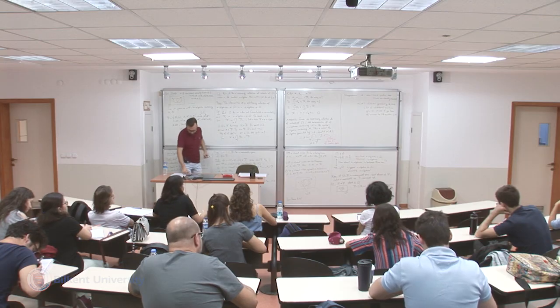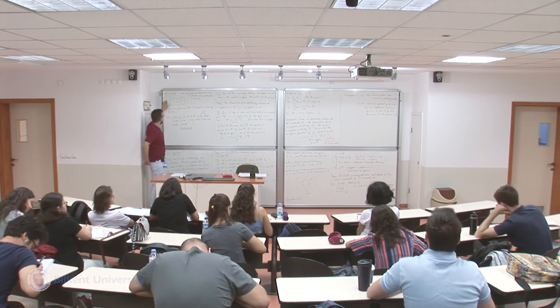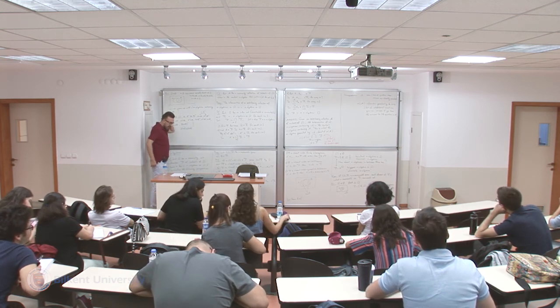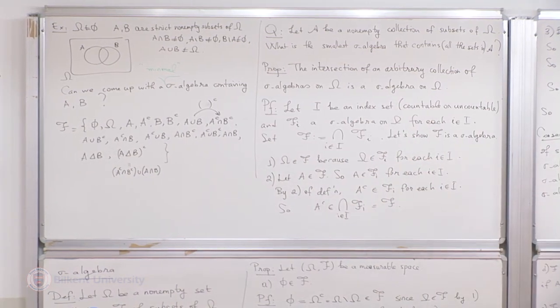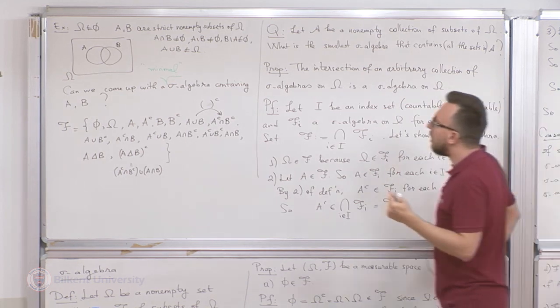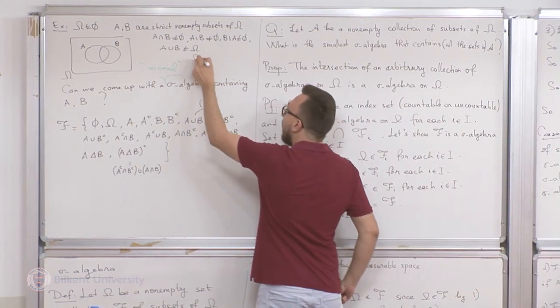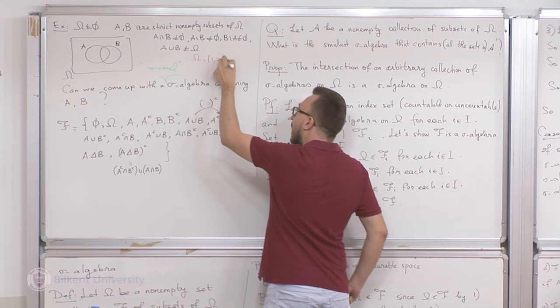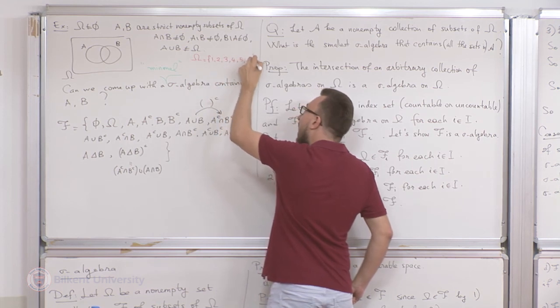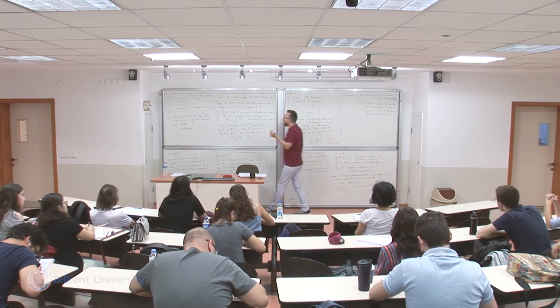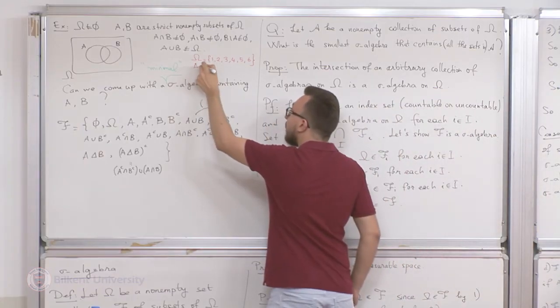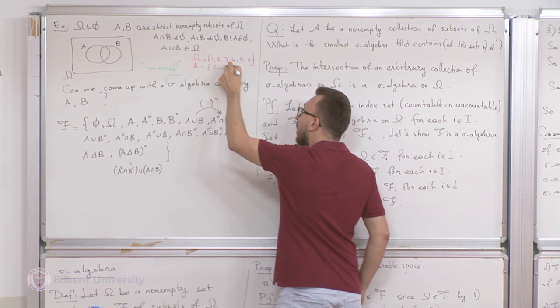I want to go back to my example here. I'm going to add some more stuff on this example. So let's say omega is the sample space in the die example, the faces of the die, 1, 2, 3, 4, 5, 6. A is the event that the outcome is a prime number.